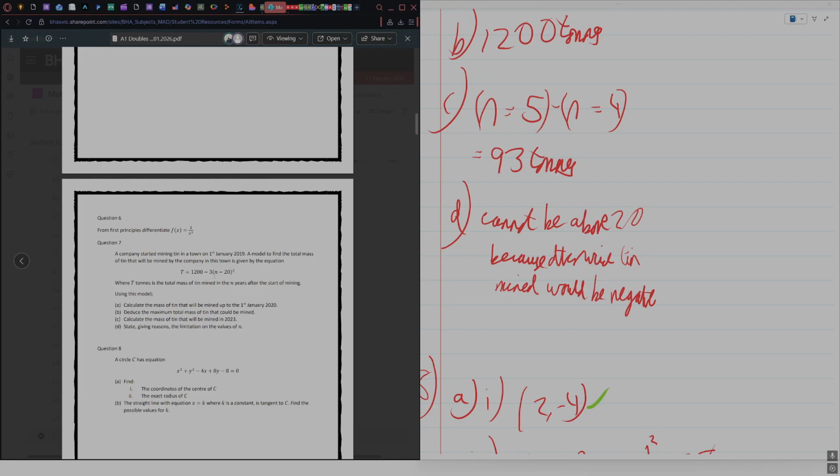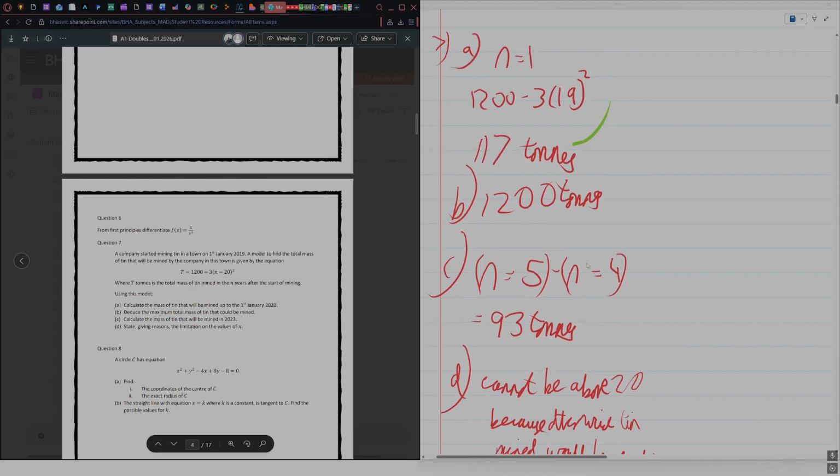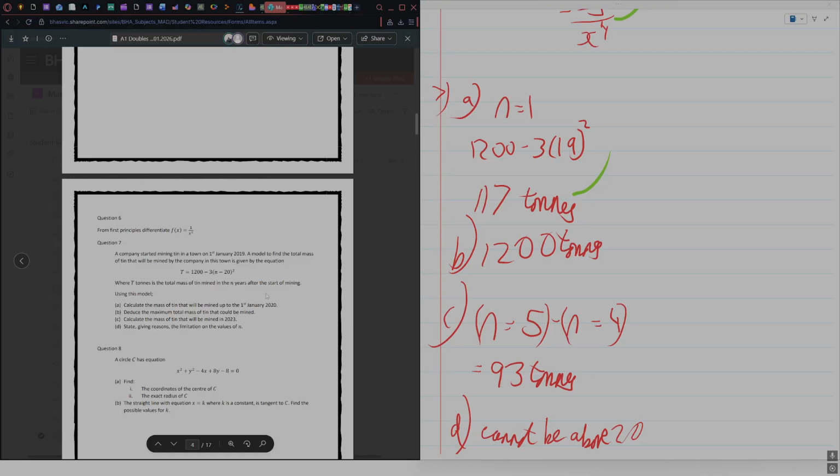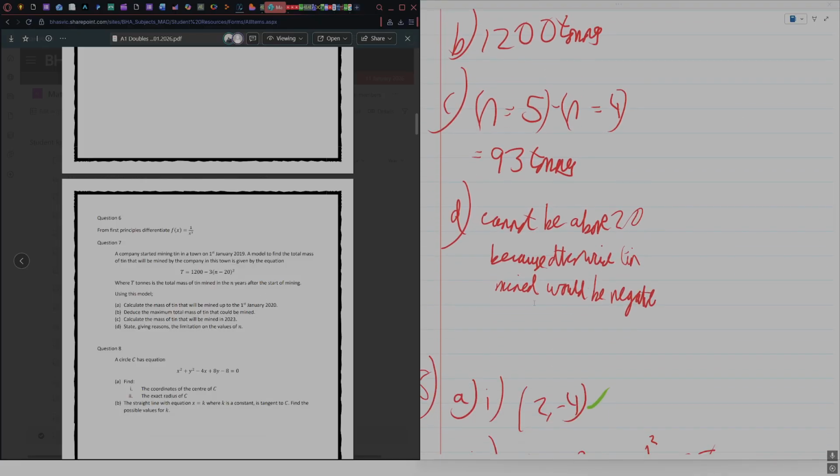If n became too big, then, I don't know why I said above 20, because it would work if it was above 20, but, no, this makes sense. So sorry, I don't know how I figured it out so fast when I was doing it.